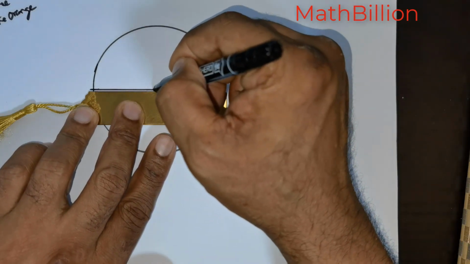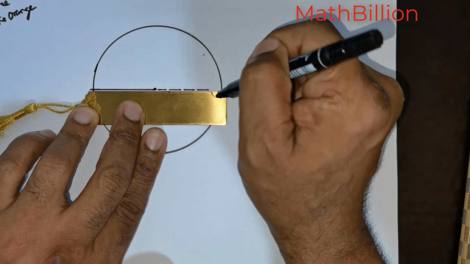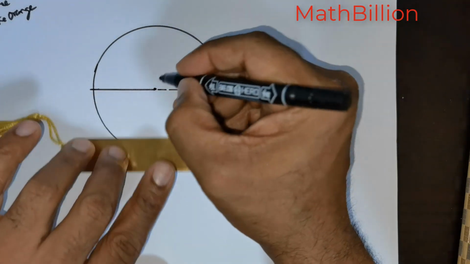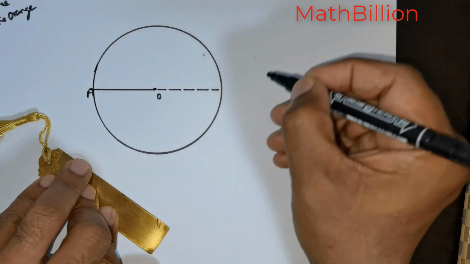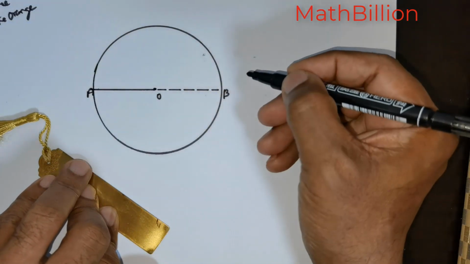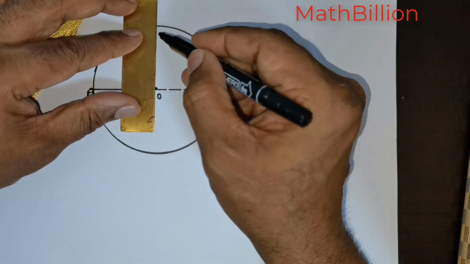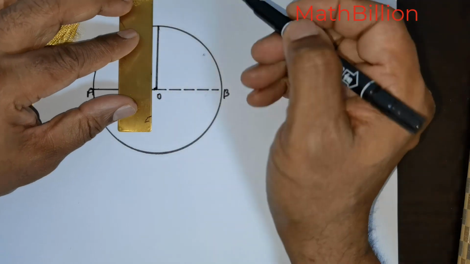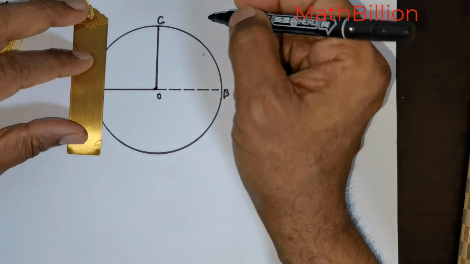So this is the radius and the diameter is stretched with dashed lines. So I'm taking this point as O, this point as A, this point as B. Now from O the radius is drawn and we got the point C here.